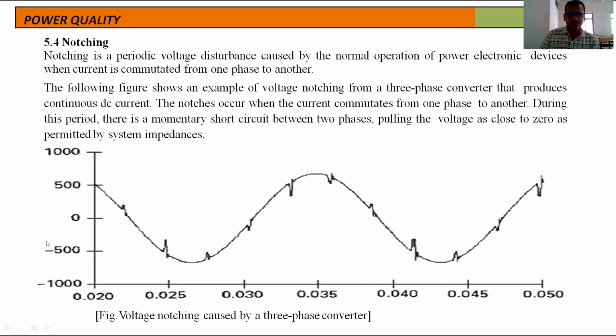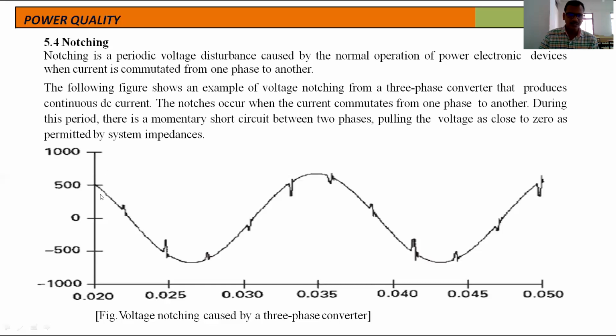During commutation the voltage deviations will be more. This may result in zero voltage also. When the impedance is more, automatically voltage will become zero at some instances.